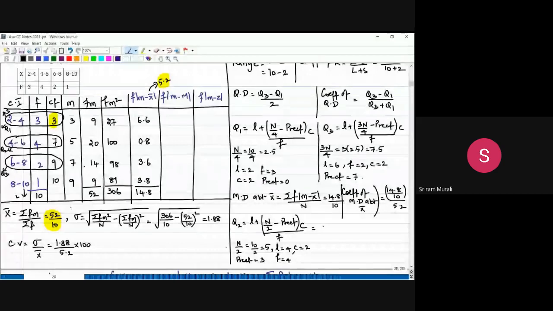If you want, you can check: 4 plus 5 minus 3 divided by 4 into 2, you get 5. So we found the Q2 median as 5. That is, M is equal to 5. If M is equal to 5, what is the MD about median?